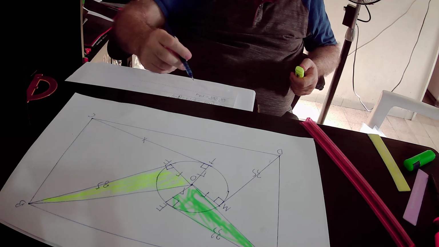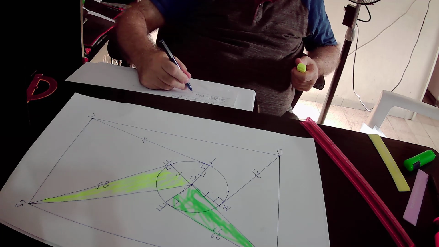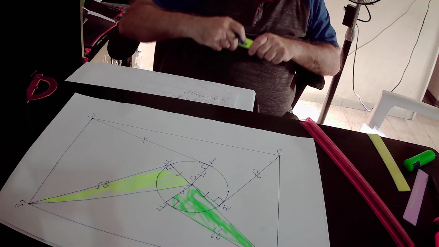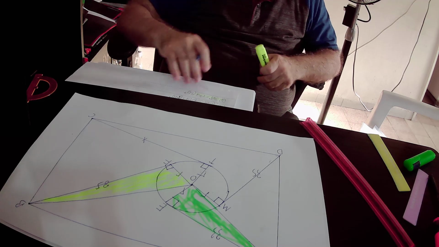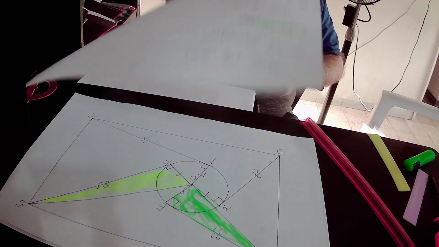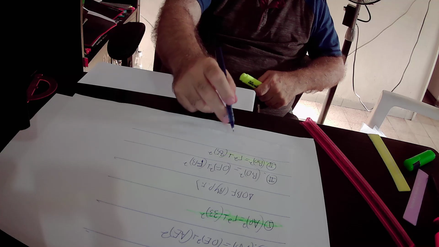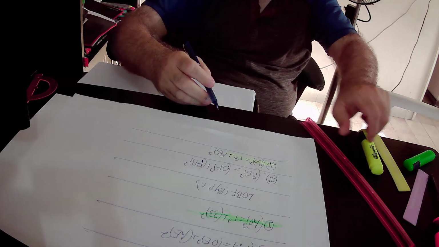FB equals 85, therefore FB square is 85 square. So in conclusion, according to equation number 2, BO square equals R square plus 85 square.